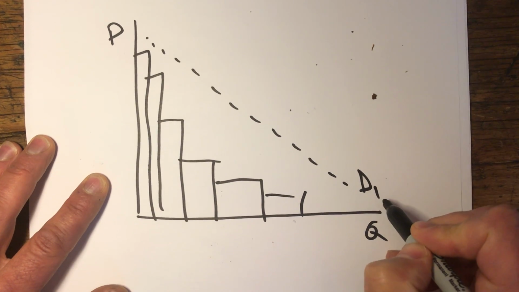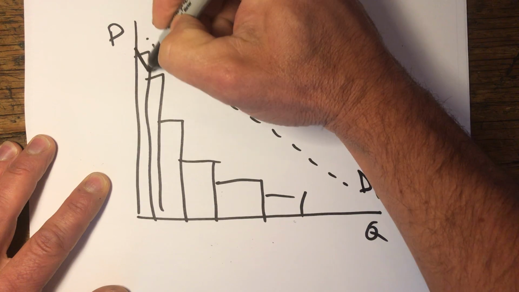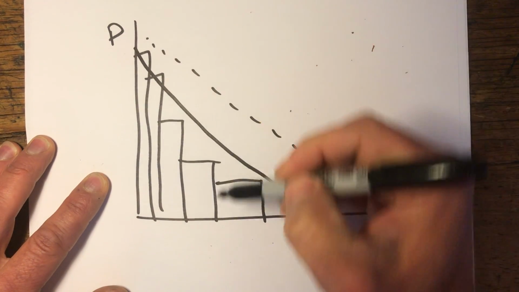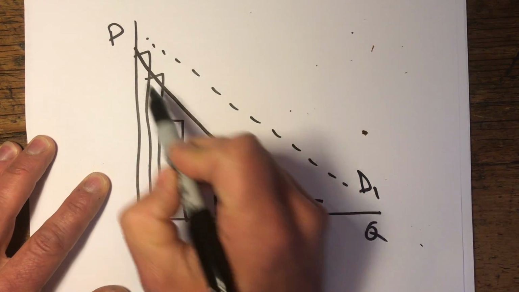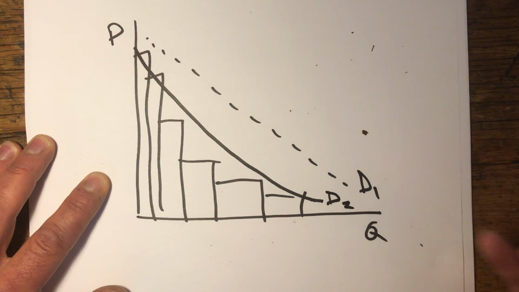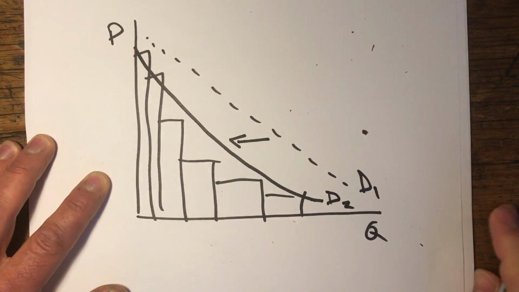That little sub 1 there, meaning it's just the first scenario that we're looking at. We're now going to draw another demand curve here. It doesn't quite catch everyone because, again, we're trying to smooth it out and show what the whole market looks like. We'll call that D2. We've had a shift in demand. It has gone that way.